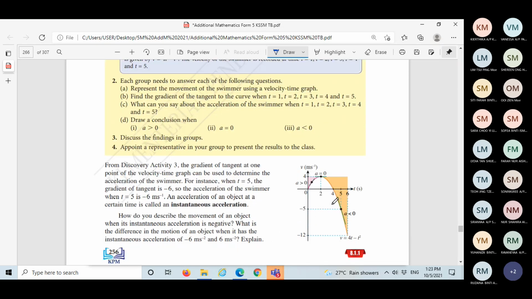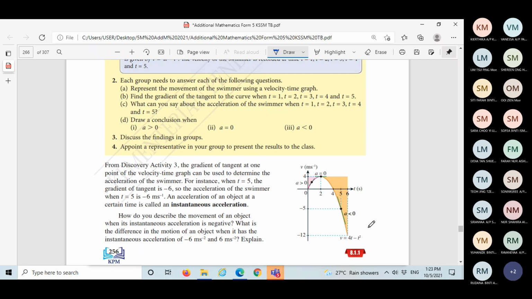Okay, let us look at this. You see this graph, velocity time graph. This is quadratic, different from just now, when the velocity time graph was a linear graph.